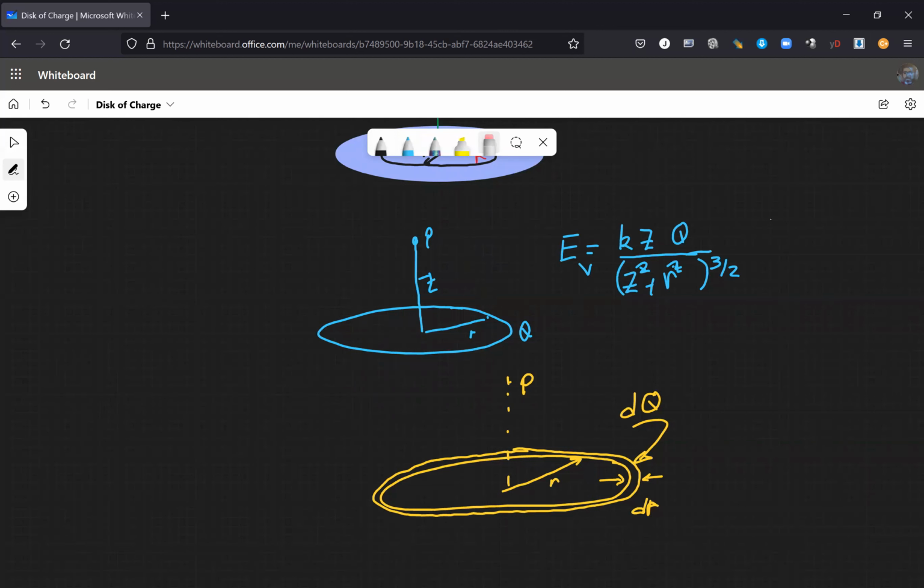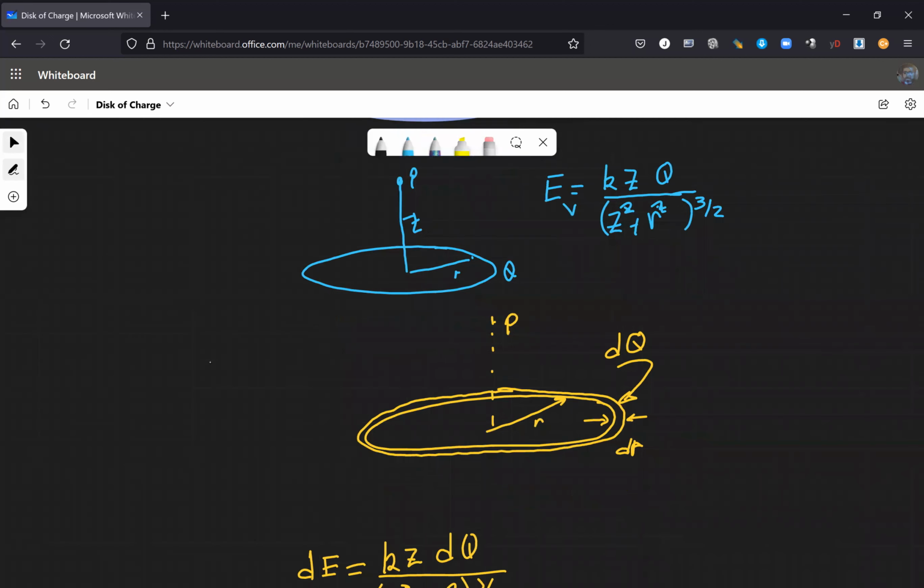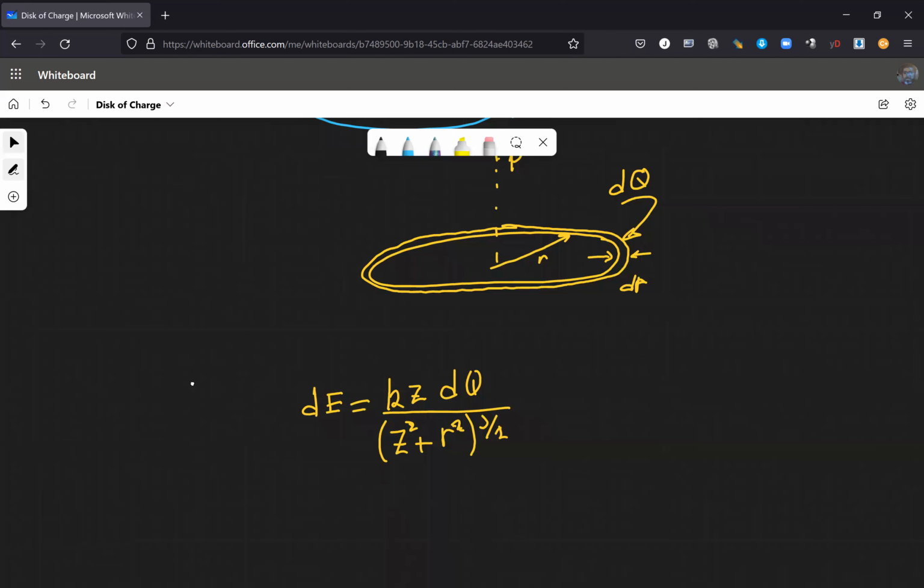So my job now is to integrate, to add up all the contributions from these little dqs. Let's start setting up the problem. We already know the electric field is going to be vertically up. But what is dq?